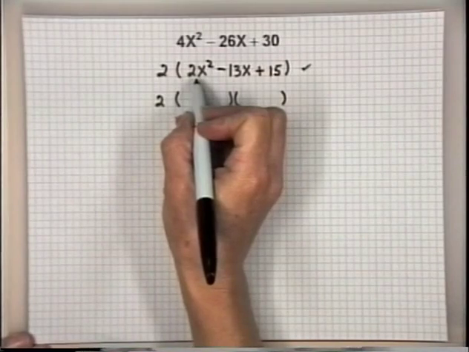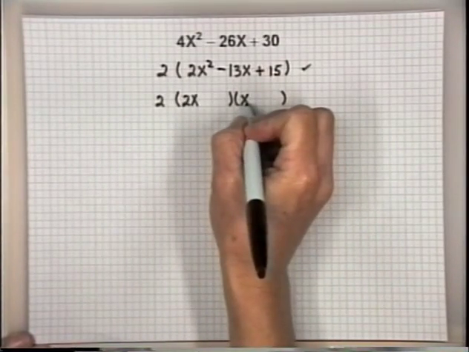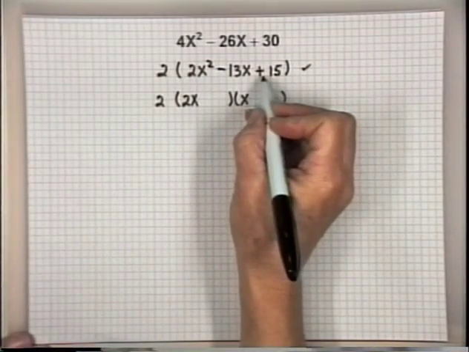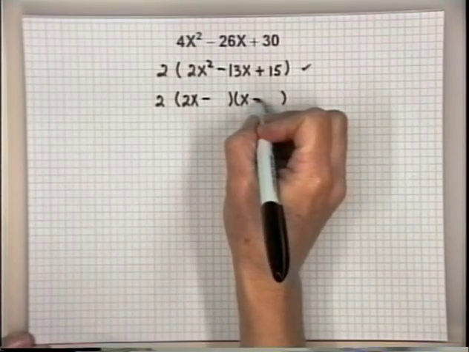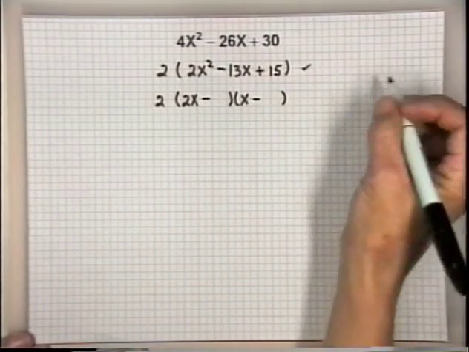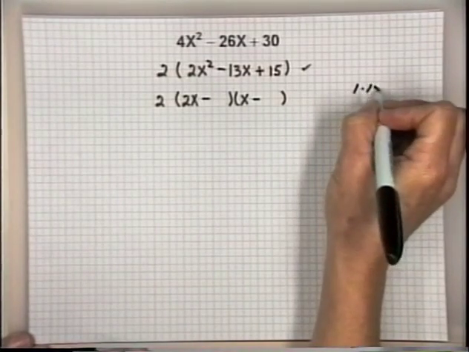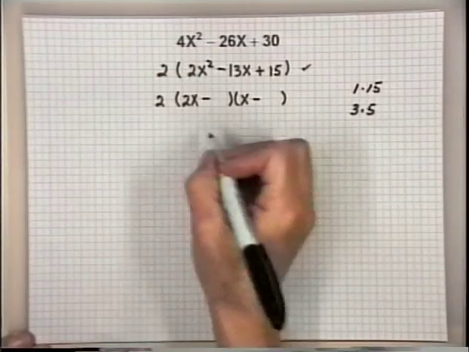For this first term, my only choices would be 2x times 1x. I notice that I will have same signs, both negative. Let's put those in. For these numbers, I need to use factors of 15. My choices are 1 times 15 and 3 times 5.